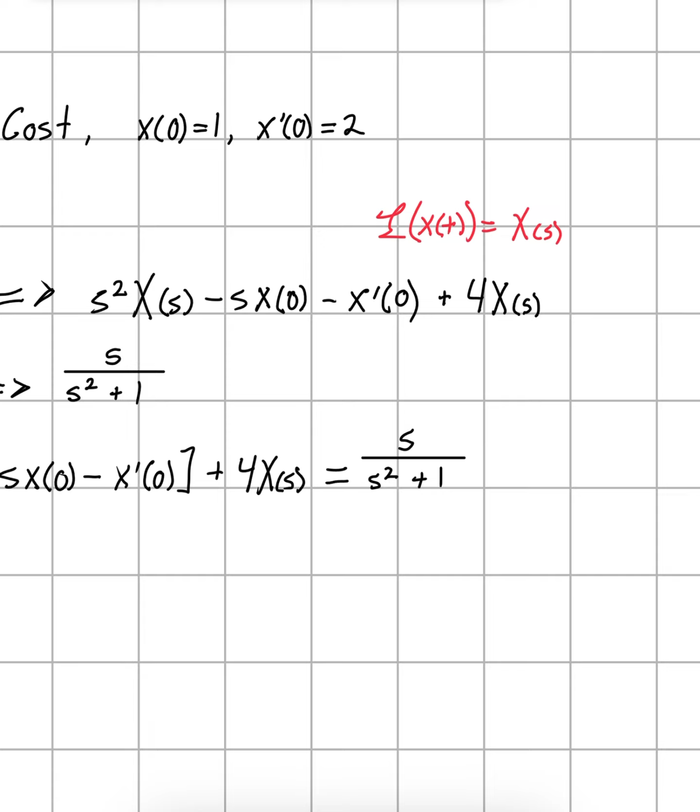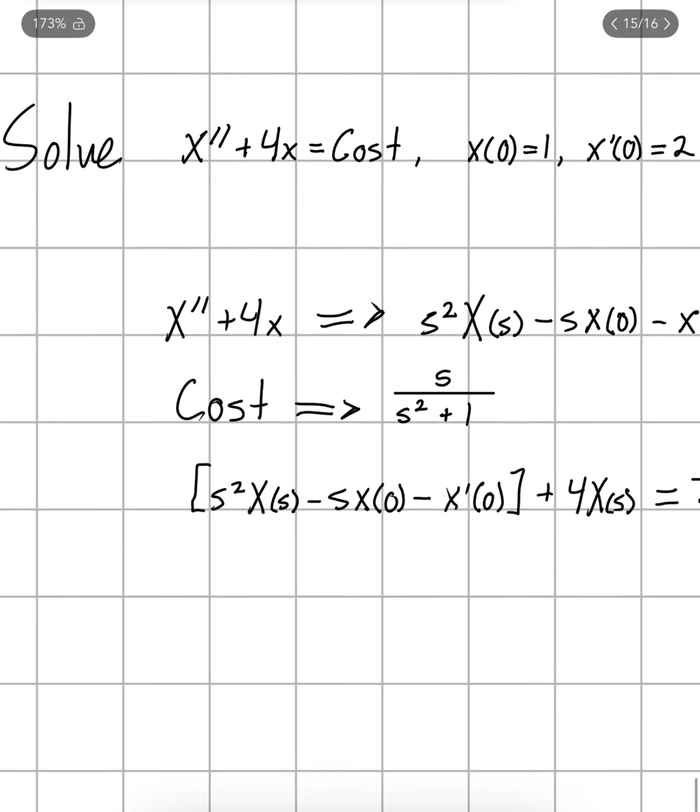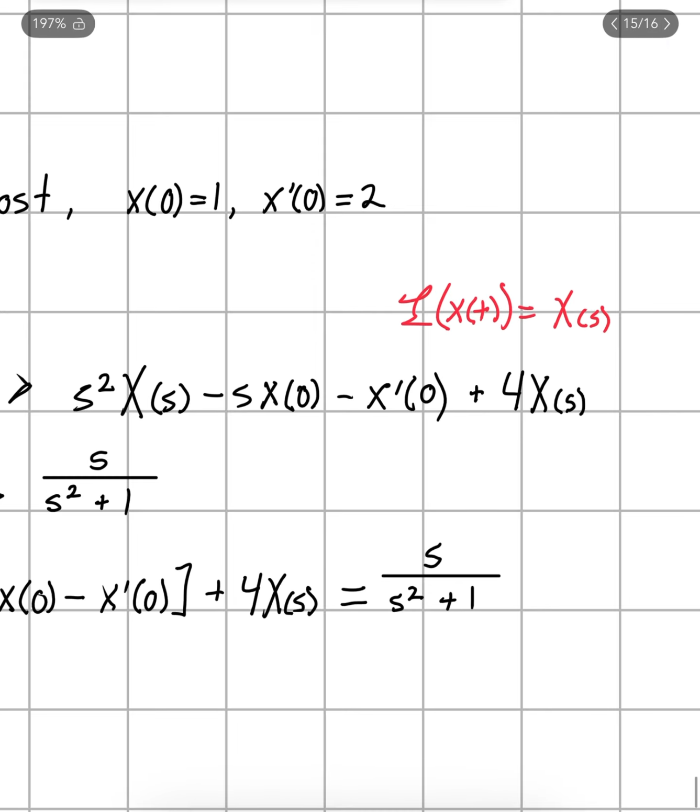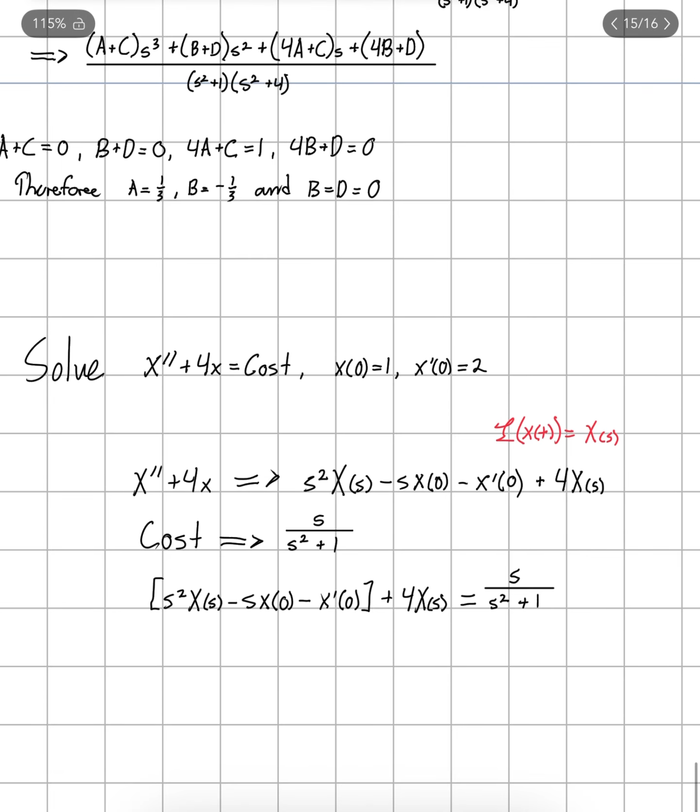The next thing we'll do is apply the initial conditions. Our initial conditions, as shown, are x of 0 equals 1 and x prime of 0 equals 2. So we will apply those into the equation.